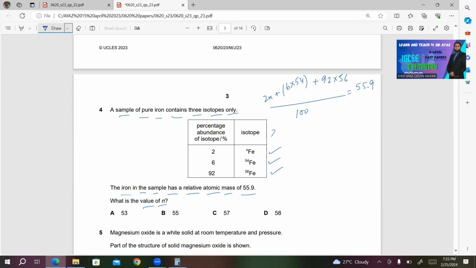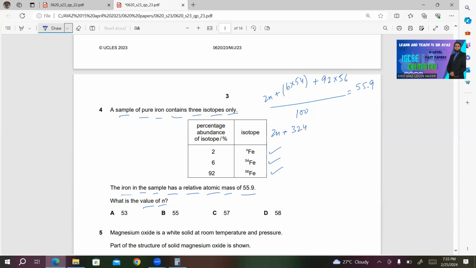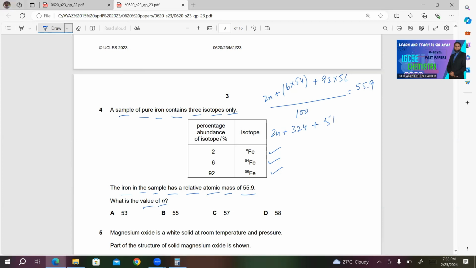So we will get 2N plus 6 multiplied by 54 is equal to 324, plus 92 multiplied by 56 gives 5152, divided by 100, is equal to 55.9.